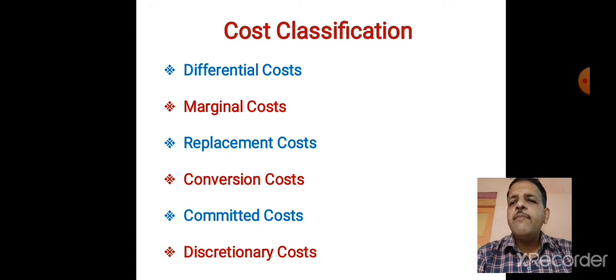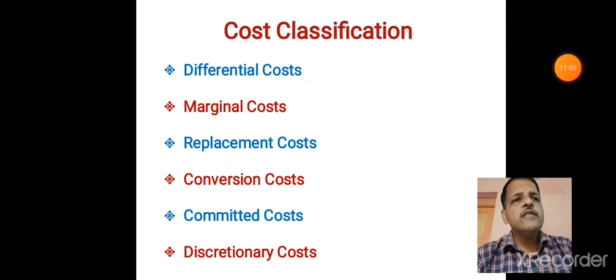The marginal cost will be the total. Direct material 1,50,000, direct labor 1 lakh, direct expense 50,000 and variable overheads 80,000. When we take the total, it becomes 3,80,000. This 3,80,000 is known as marginal cost or variable cost.